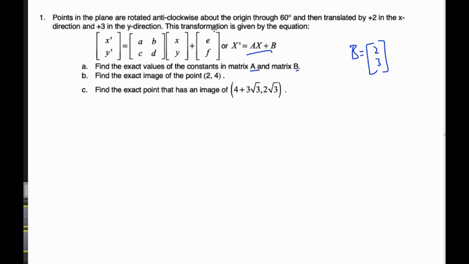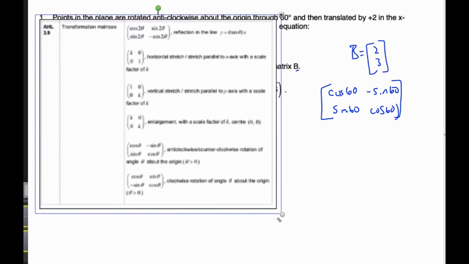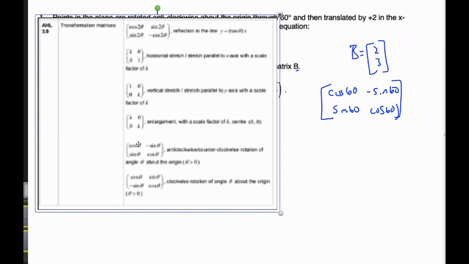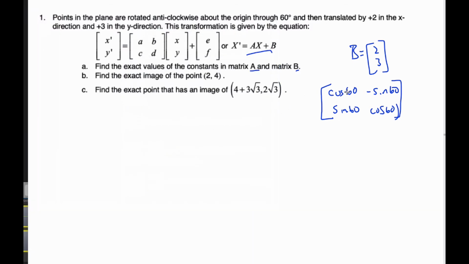The rotation in the anti-clockwise direction through 60 degrees, well, I know that this is my formula for rotation, from my formula booklet. And if I look down here, it's cosine theta, minus sine theta, sine theta, cosine theta for a rotation of theta degrees.